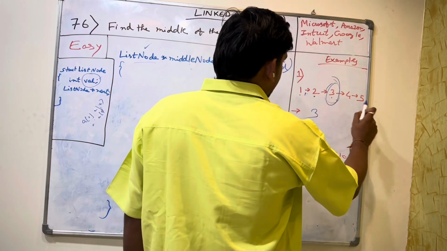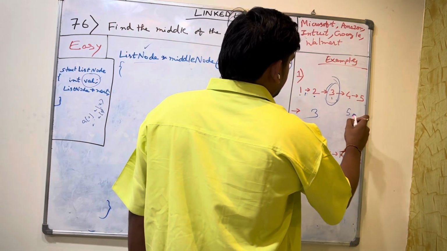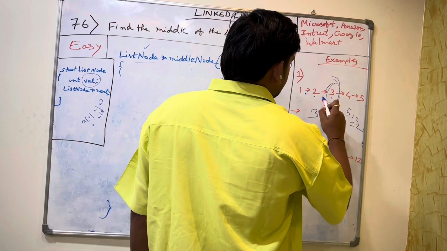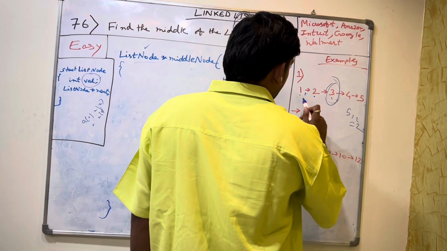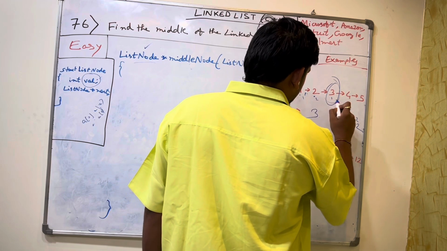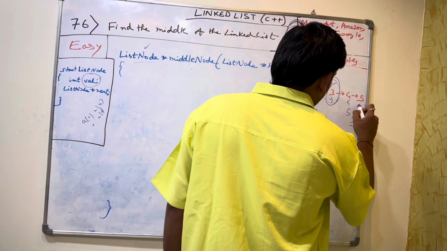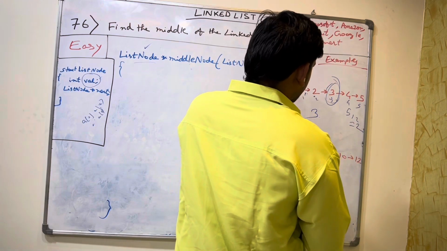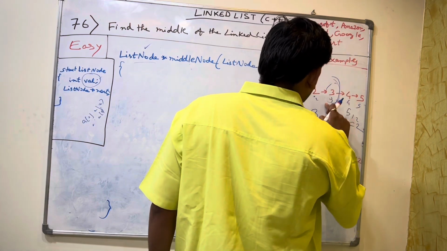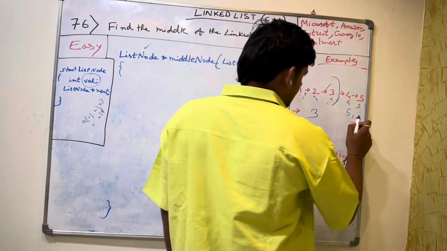So here there are 5 elements, and 5 by 2 is 2.5, that is 2. So 1, 2, 3, 4, 5. The middle element would be this third element, right? It's not like 2.5.